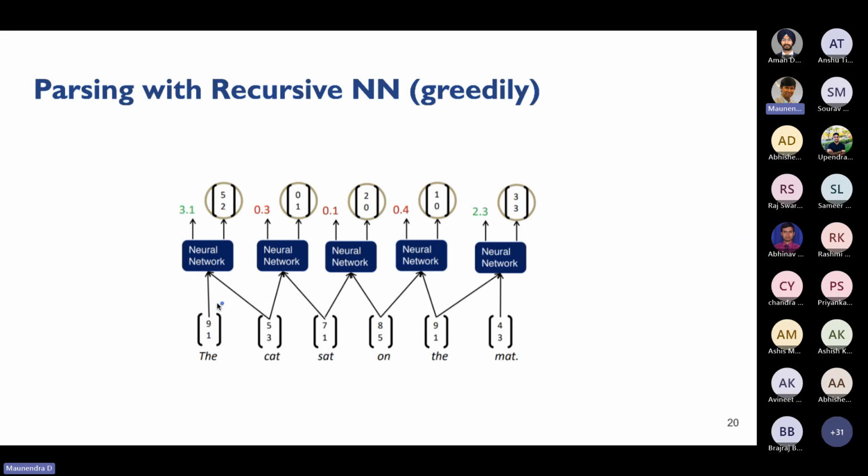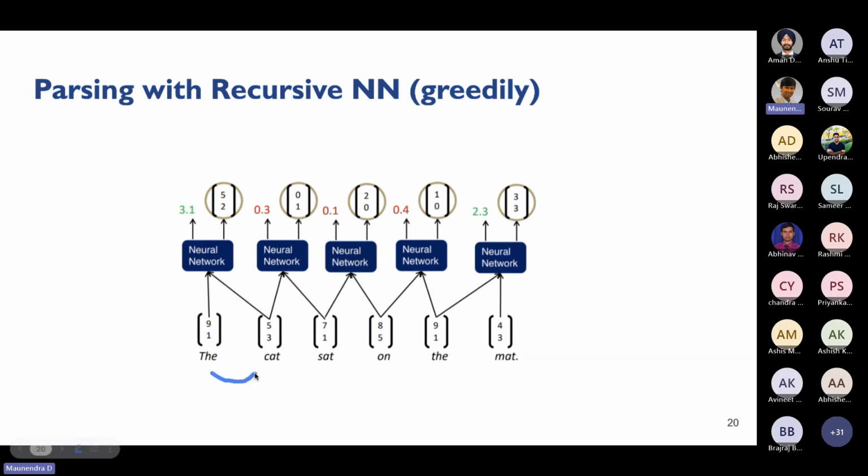Here, suppose this is the sentence, the cat sat on the mat. For each word we will have its representation, which can come by any means. At each step we try to join the current node with the next node towards the right.